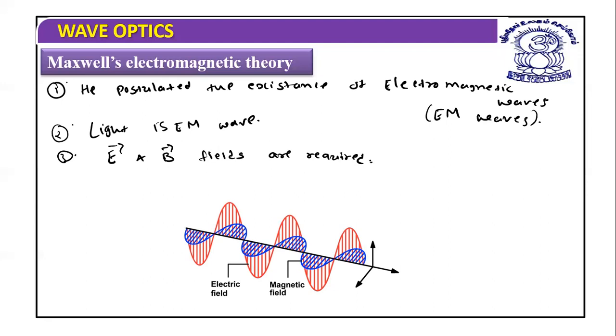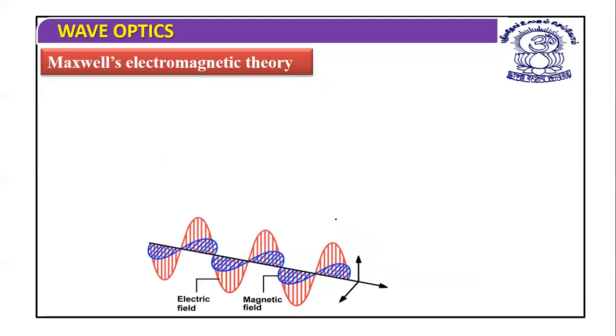As we can see here, this is the direction of propagation of light. Light is made up of both electric and magnetic field. As light propagates, both electric and magnetic fields also propagate. The electromagnetic radiation is a self-propagating composite of an electric field plus magnetic field.